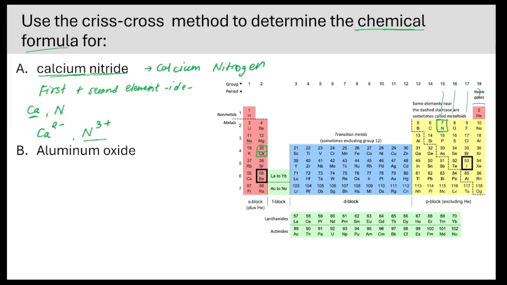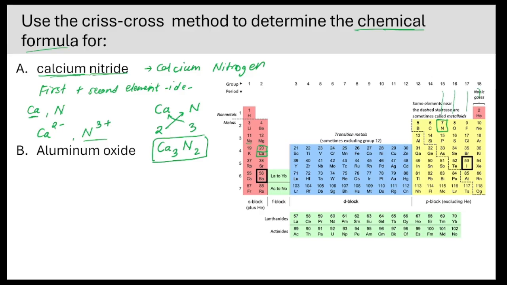Now if we do the crisscross, it will be calcium, nitrogen. Calcium has 2 charges, nitrogen has 3 charges. Then we assign these to the corresponding opposite side. Then this will be calcium 3, nitrogen 2.